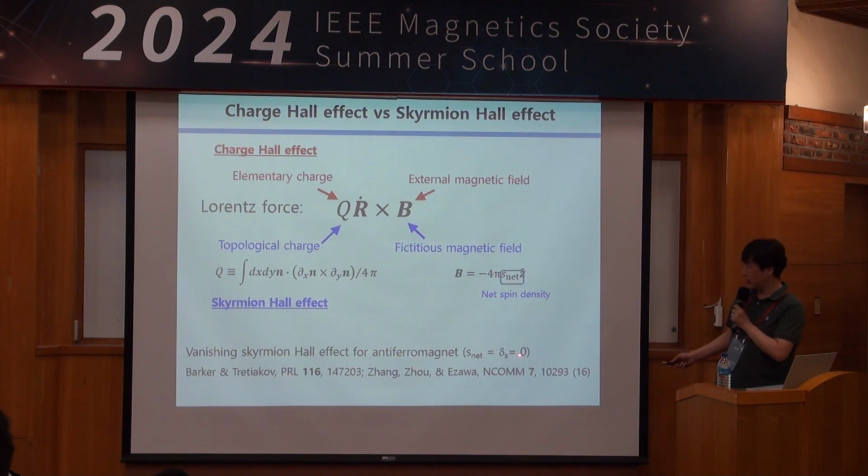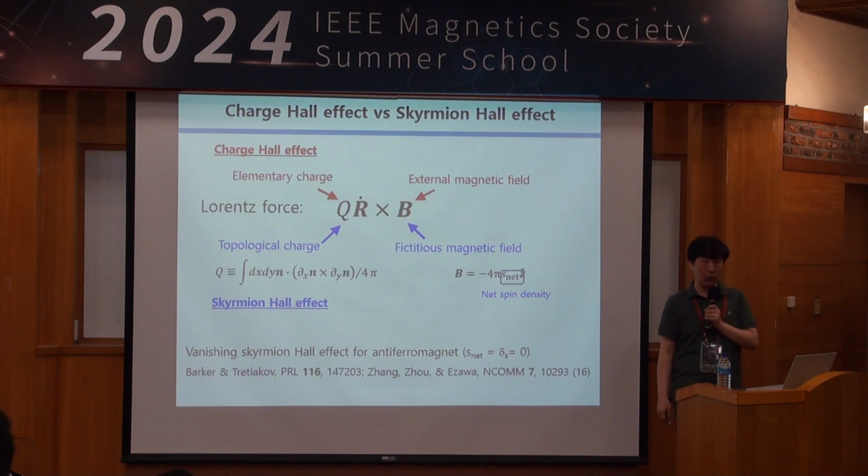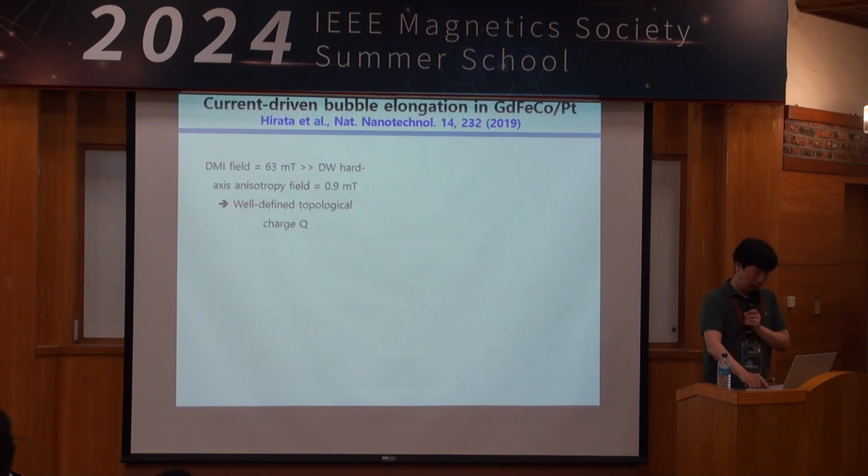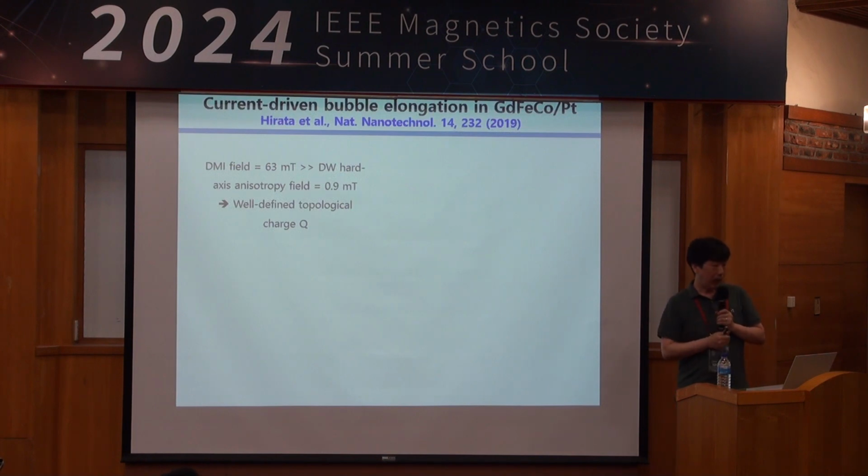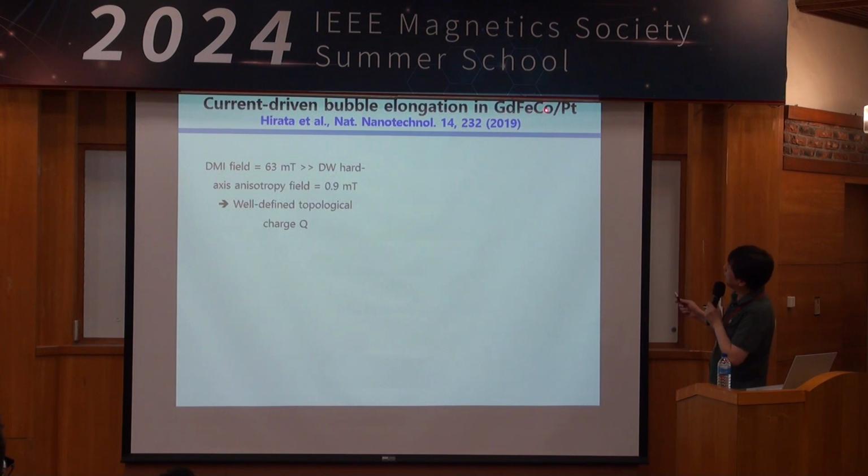Ferromagnet, so net angular momentum is 0, then they showed that there is no skyrmion Hall effect. So our collaborator at Kyoto University, Teruo Ono, tested this idea using a ferromagnet, a gadolinium cobalt iron cobalt platinum layer.